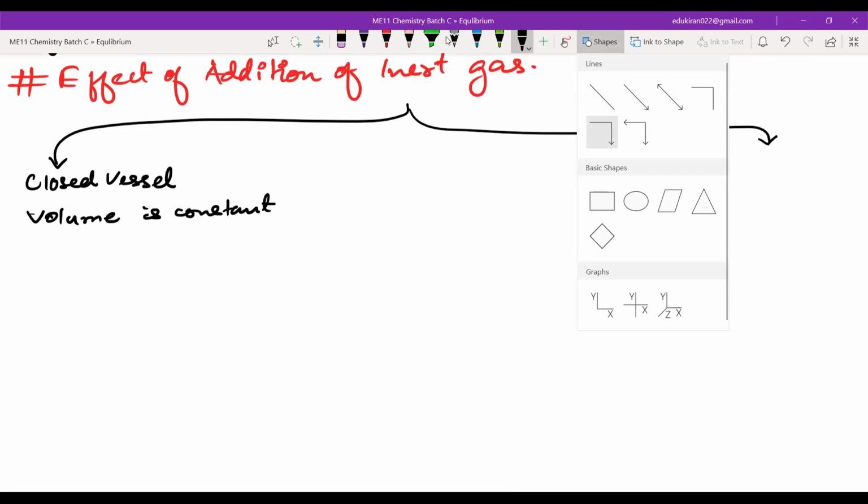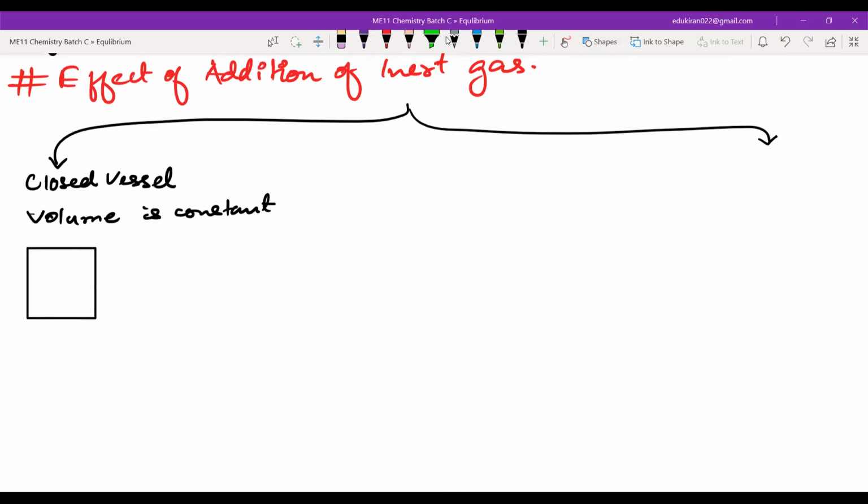Okay. Now, let us suppose I have a closed vessel here, and I have some gases. What is going to happen if I add more gas here? Volume will not change. What will happen to the pressure? Pressure will increase, right?